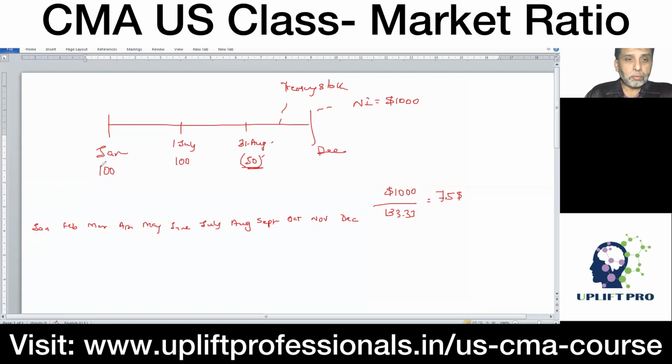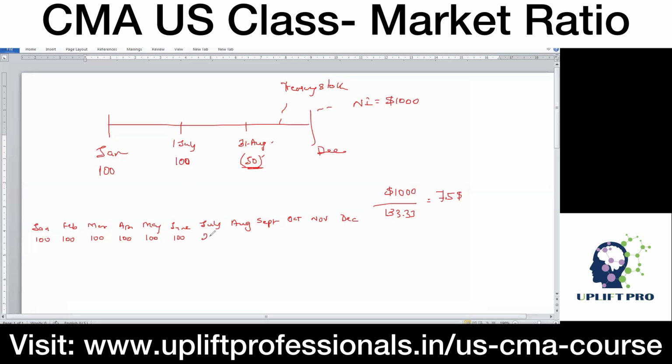So if you had 100 shares in January, you would have 100 shares in February also, March also, April also, May also, June also. In July, how many shares will you have? In July, another 100 shares is added, is it not? So 200, you'll start having 200.